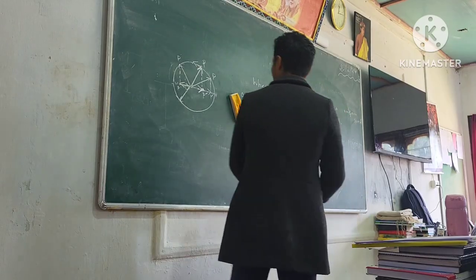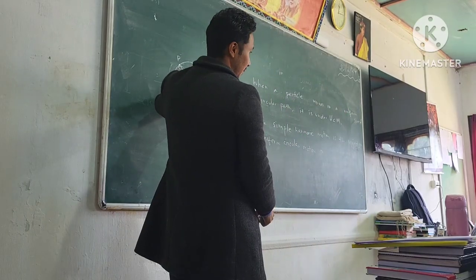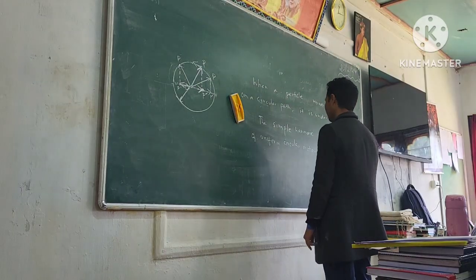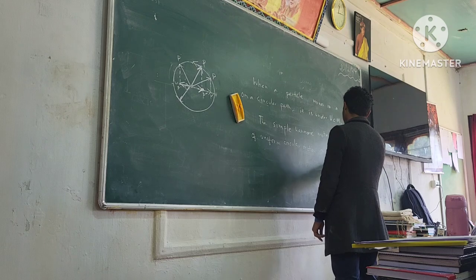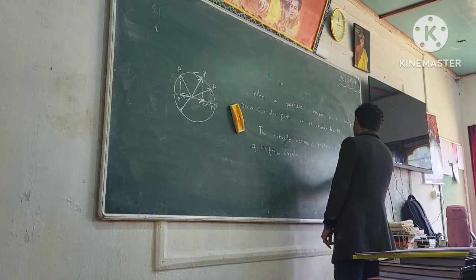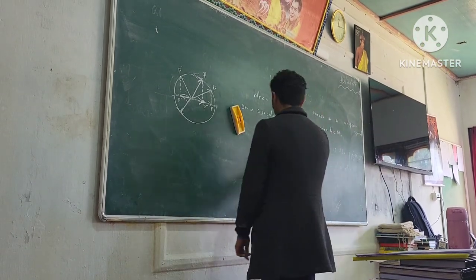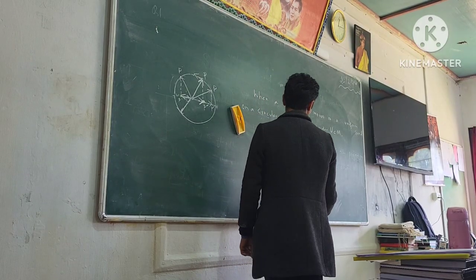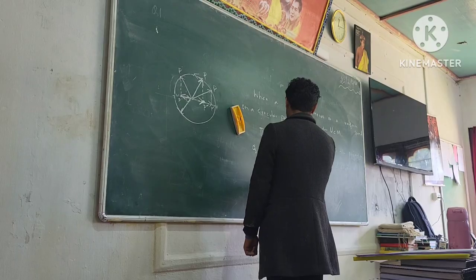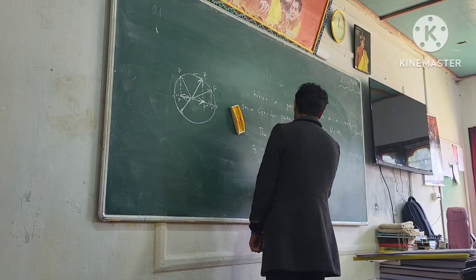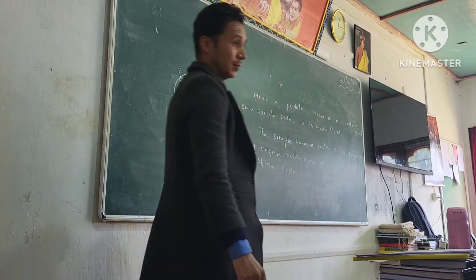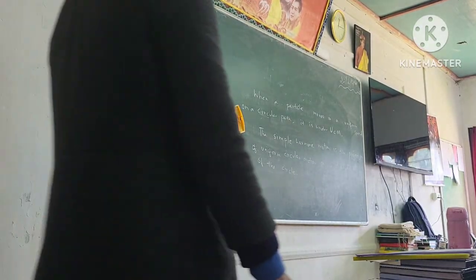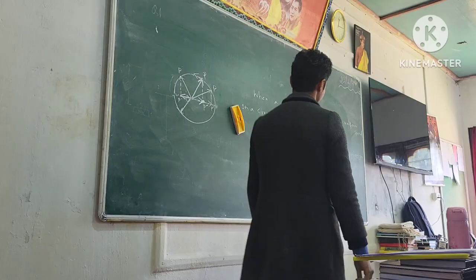So, okay, look at this. Here the projection is done on the diameter, right? So we have to say projection is done on the diameter. So this is the statement: simple harmonic motion is nothing but the projection of uniform circular motion on a diameter of the circle.